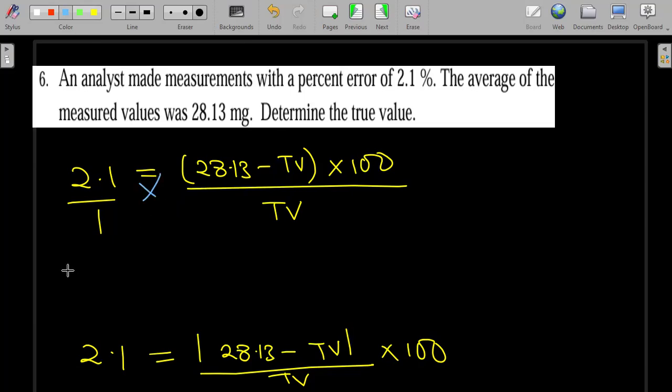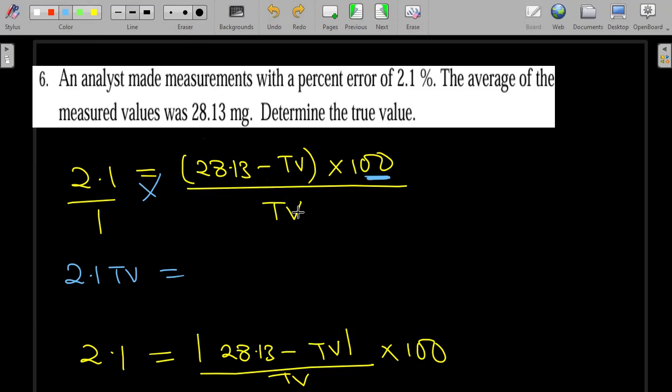So cross multiply, we get 2.1 TV is equal to, and then here we multiply this 100 by this, and this 100 again by this. So what do we get? Or maybe we can try to divide to avoid getting bigger numbers here.